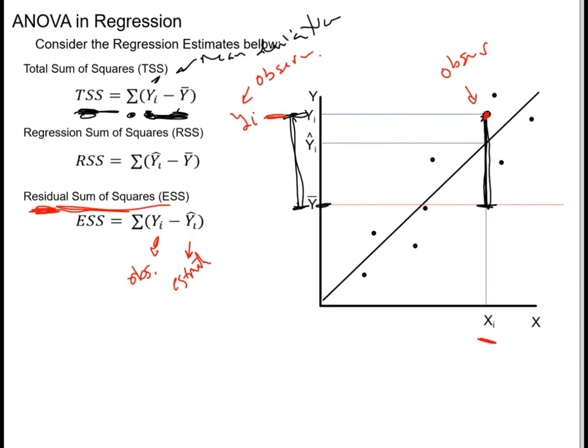But given what the value of x was, given what the square footage was, the model, the line of best fit, estimated that this would be the value. If you recall, y hat is the estimated value. And the difference between the observed and the estimated value, that is what we call the error. If we totaled them up for all the different points, that would be the error sum of squares.